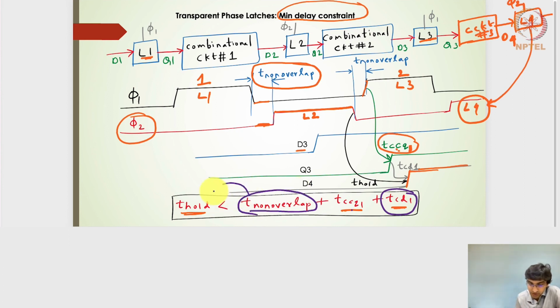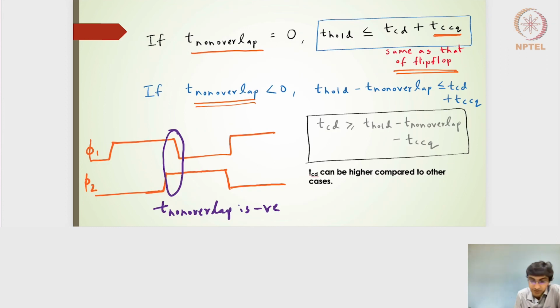So this negative is going to go here and become more positive, so my TCD value is going to increase. If T non-overlap is negative, with some positive overlapping high time between the two clocks, then the TCD has to be more.